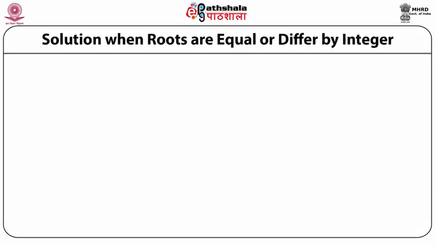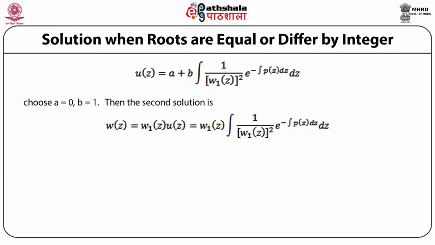If we integrate the obtained solution again, we have u of z is equal to a plus b times the integral of 1 by w1z square into e raised to power minus integral pz dz. Since we are interested in the second linearly independent solution only, we choose a is equal to 0 and b is equal to 1.